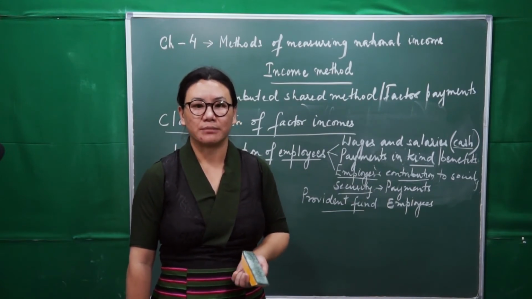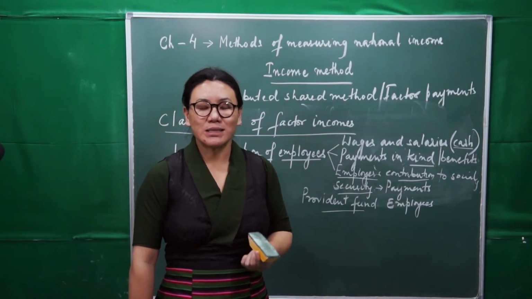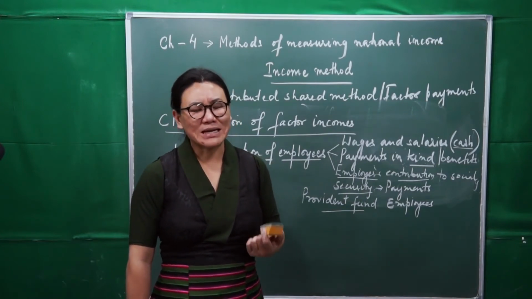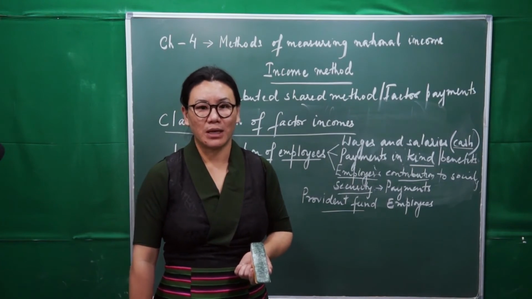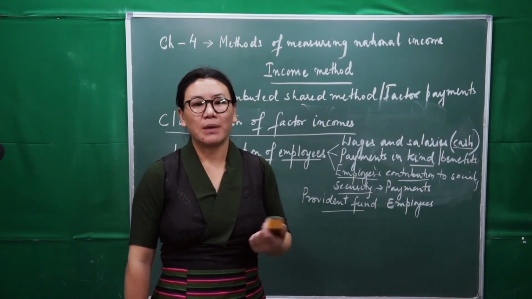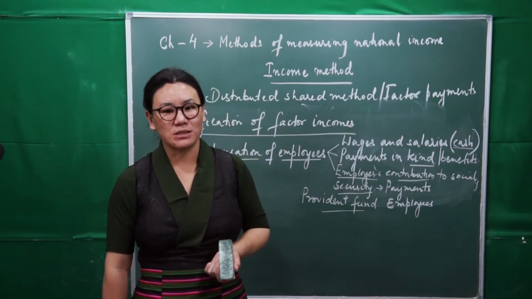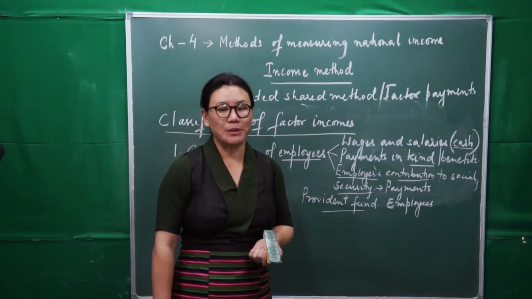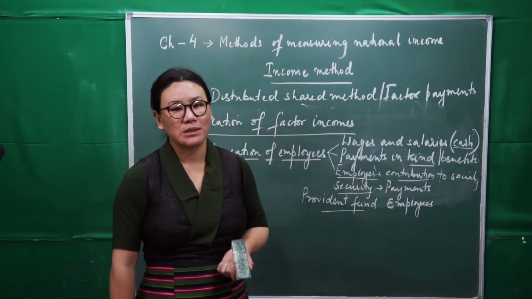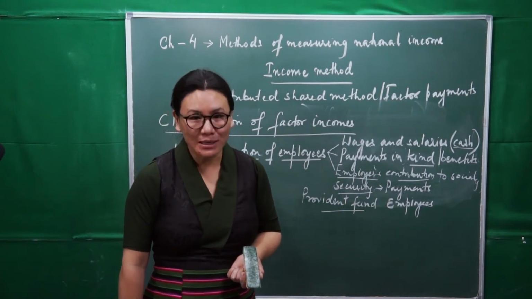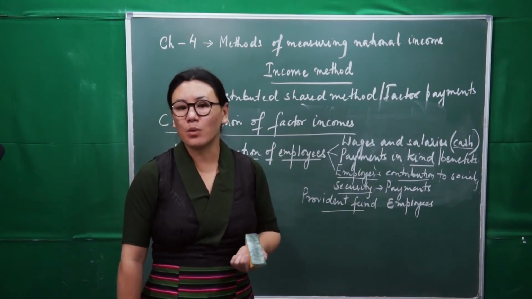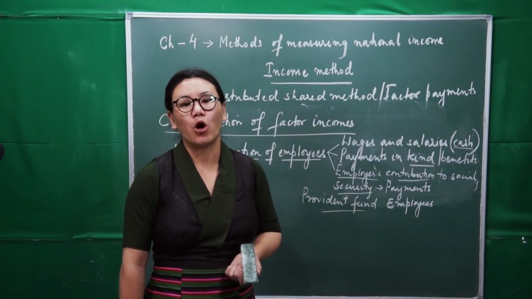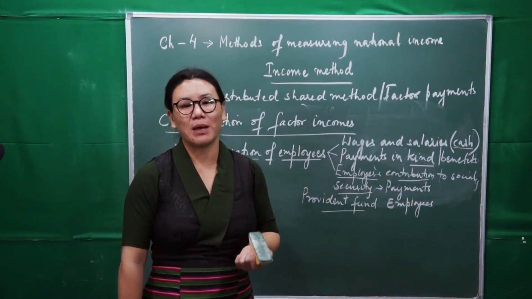It is a money consisting of regular payments. Okay. Payments are made on regular basis by whom? By two people. One is employees themselves and another one is employer on behalf of employees.